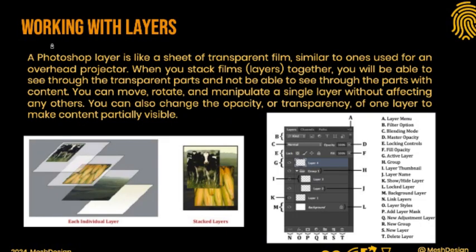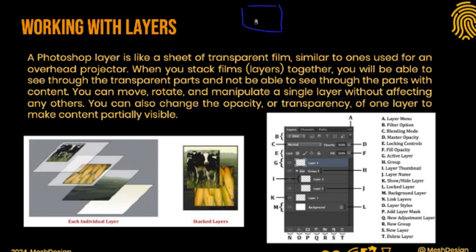Working with layers. A Photoshop layer is like a sheet of transparent film, similar to the ones we use for our overhead projector. When we're looking at Photoshop layers, we should think of them like see-through plastic, transparent plastic that you can use as your layer.